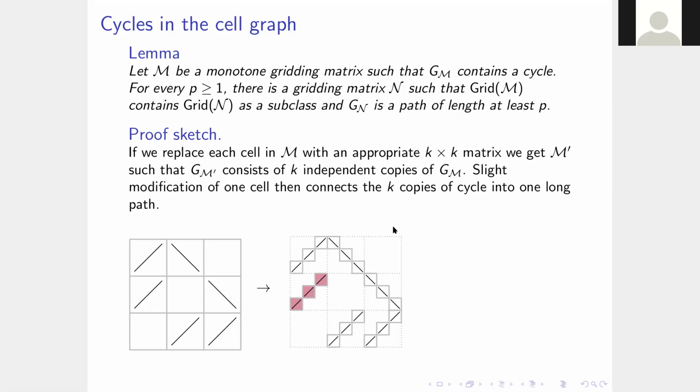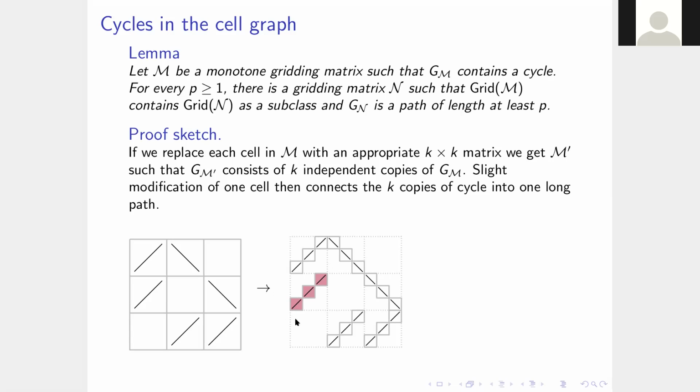And via this, we obtain a subclass of the original class, as witnessed by these thick dotted lines. And when we look at the cell graph of this new class, then you can see that it consists of 3 individual copies of the original cycle. Or in general, we would have k individual copies of the original cycle.